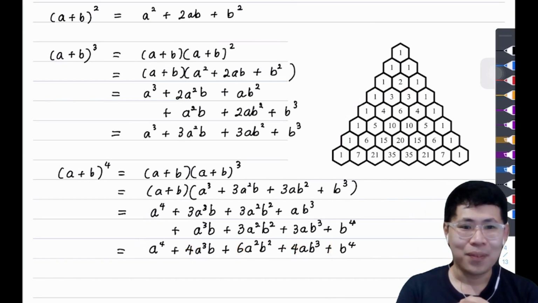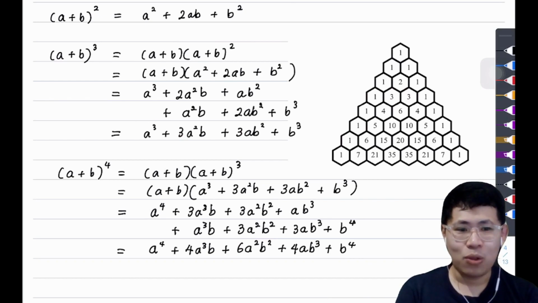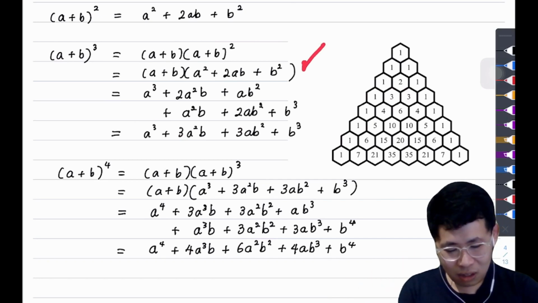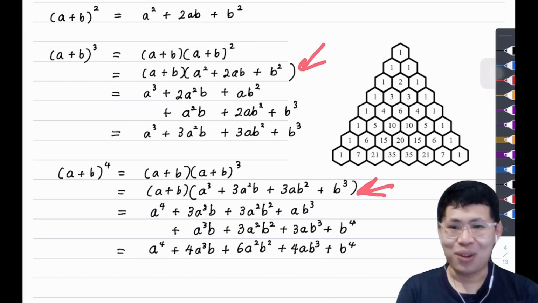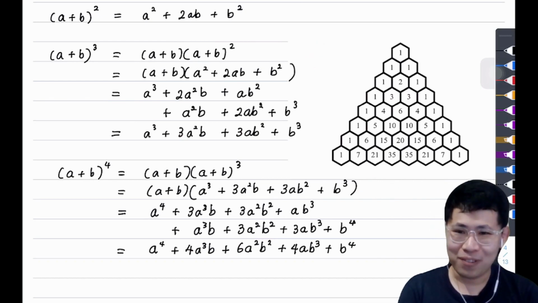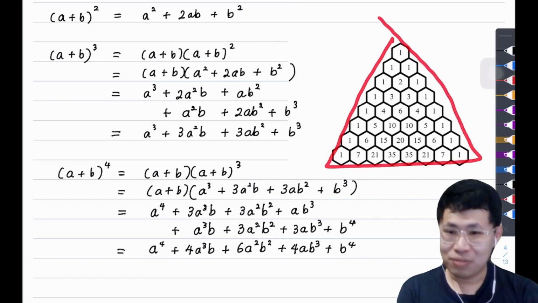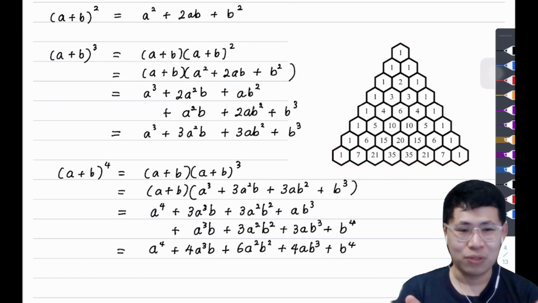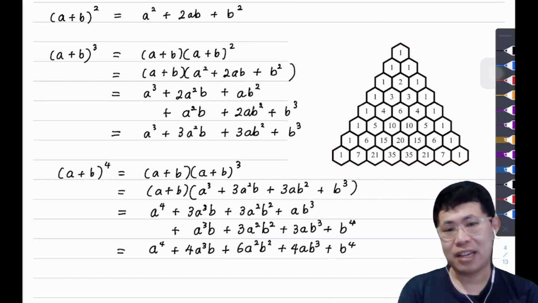Cool, right? So we can make use of the Pascal triangle to help us expand. We don't have to do all this ugly work from scratch. We can make use of a known result, and we can do the necessary expansion.